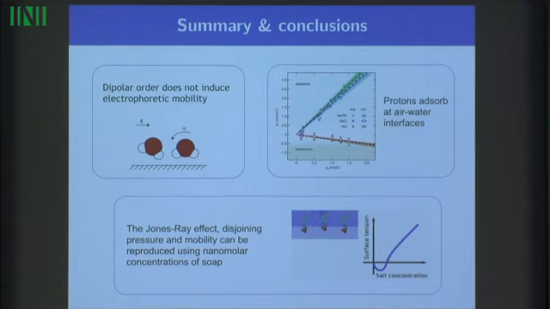And here we can show that also from a molecular point of view, you expect protons to adsorb. And finally, the Jones-Ray effect, the small minimum in the surface tension, the disjoining pressure, and also the electrostatic mobility can be explained by using this tiny amount of impurities in the system. So with that, I would like to thank you for your attention, and I'll be happy to take any questions.